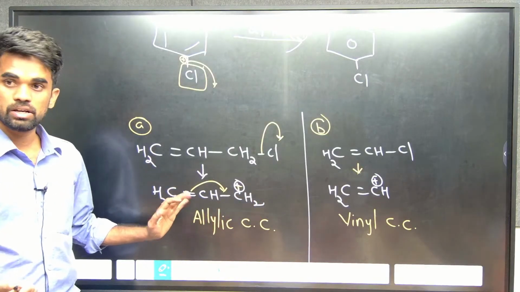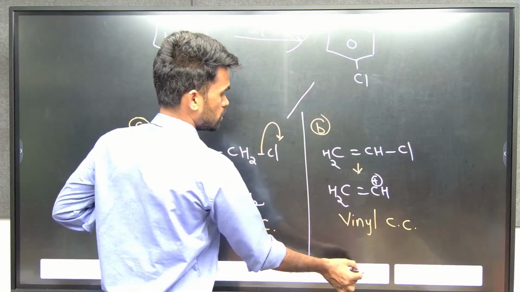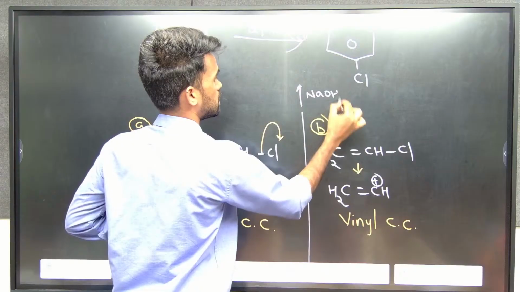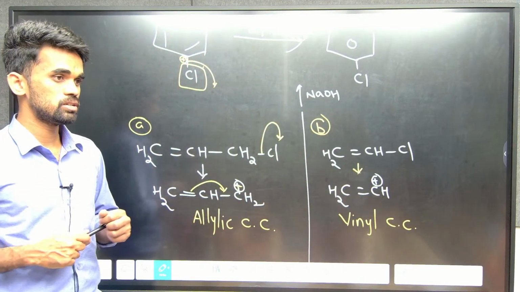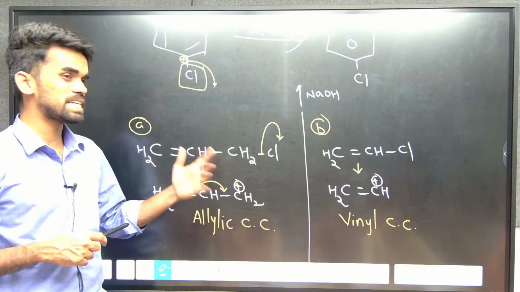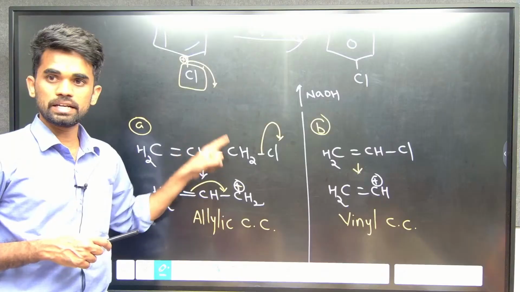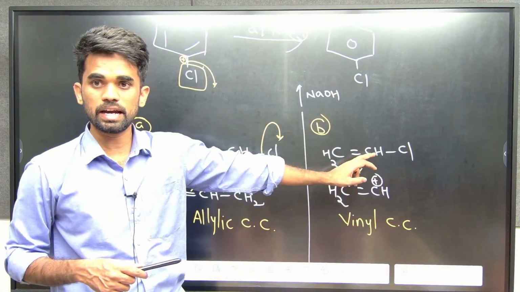Again allylic. Okay. Now a simple reaction. If I ask you to treat these two with aqueous NaOH, which will undergo substitution? First one or second one? Only allylic. So this chlorine comes out, OH enters, and we get the final product. But here there is no such reaction.